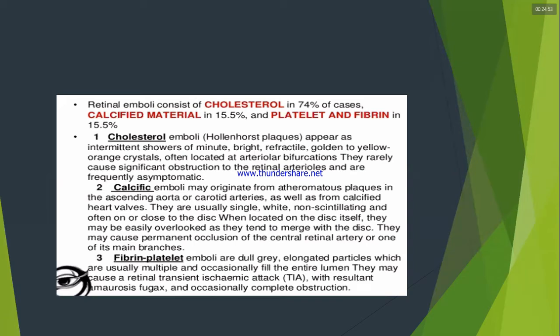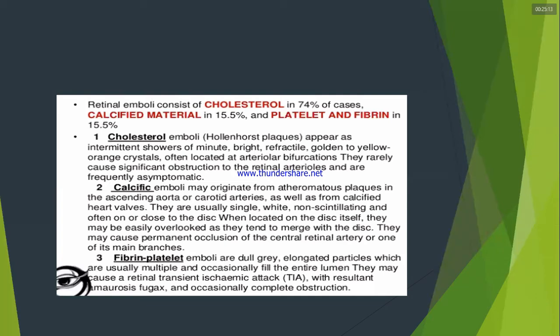They may cause permanent occlusion of the central retinal artery or one of its main branches. So you can see the prognosis: cholesterol is the relatively benign type, and calcified is the more dangerous type.